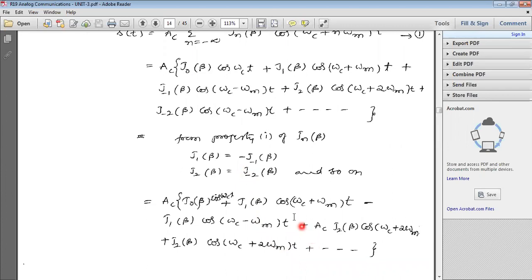So for J minus 2 also, you directly consider plus J2(beta). So for this term, that is for n equal to minus 2, you directly consider J2(beta) cos(omega c minus 2 omega m) t. Here you take 2 omega m. So this was a mistake earlier, it should be 2 omega m.